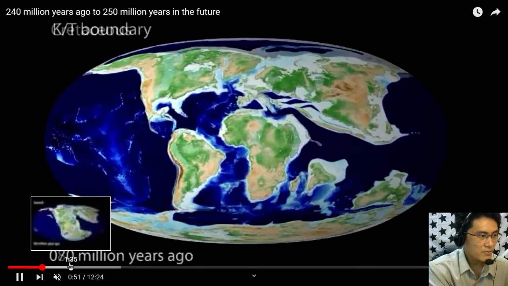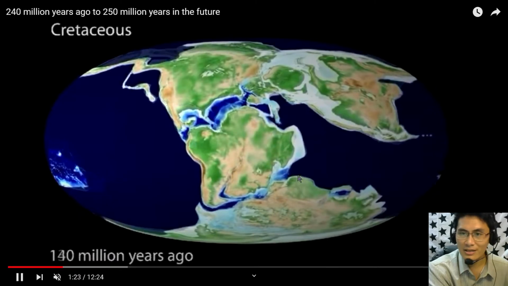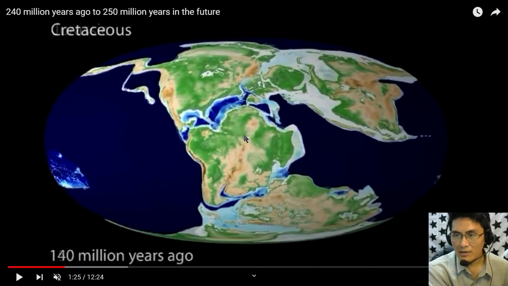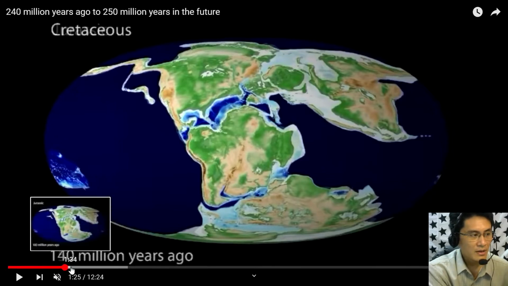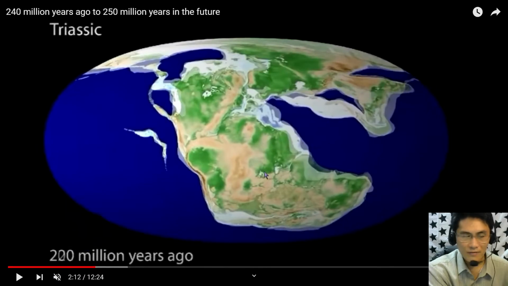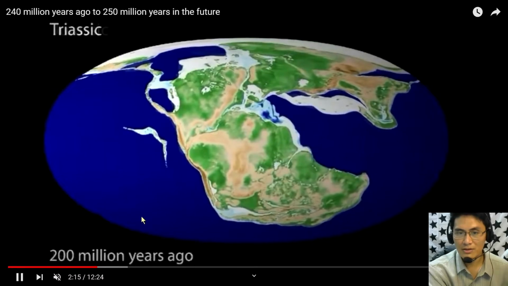Therefore, if we fast forward, there would be a time when those two continents were actually one. At this point, Africa and South America were one, and in fact all the continents join together and become Pangaea, the supercontinent that was around 200 million years ago.